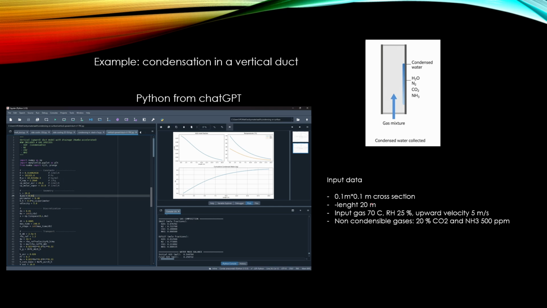The cross section of the duct was 0.1 meter times 0.1 meter, and the length of the duct was 20 meters. The input gas temperature was 70 degrees C and relative humidity was 25%, and the velocity upwards was 5 meters per second.